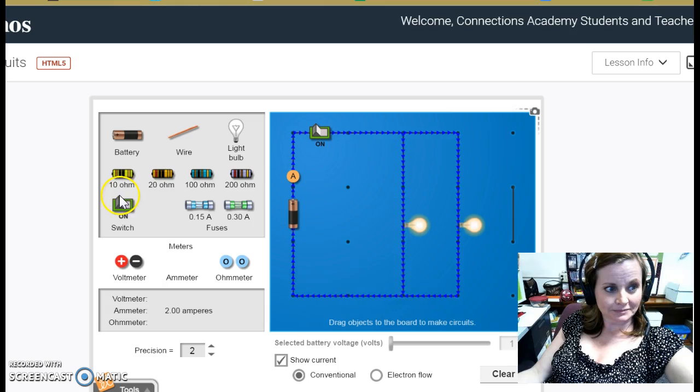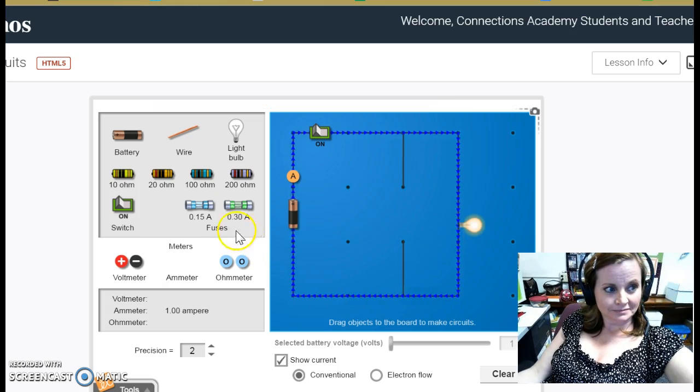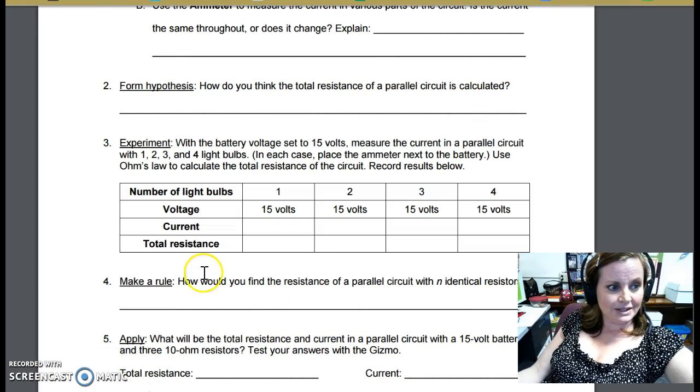Two bulbs. Yeah, it doesn't like that. So don't make that short circuit in there. So until you have 2 bulbs, you can only have a single loop. And once you've got the 2 bulbs in here, then you can actually make it parallel. Otherwise, it's going to be all angry at you. Okay. So there's that.